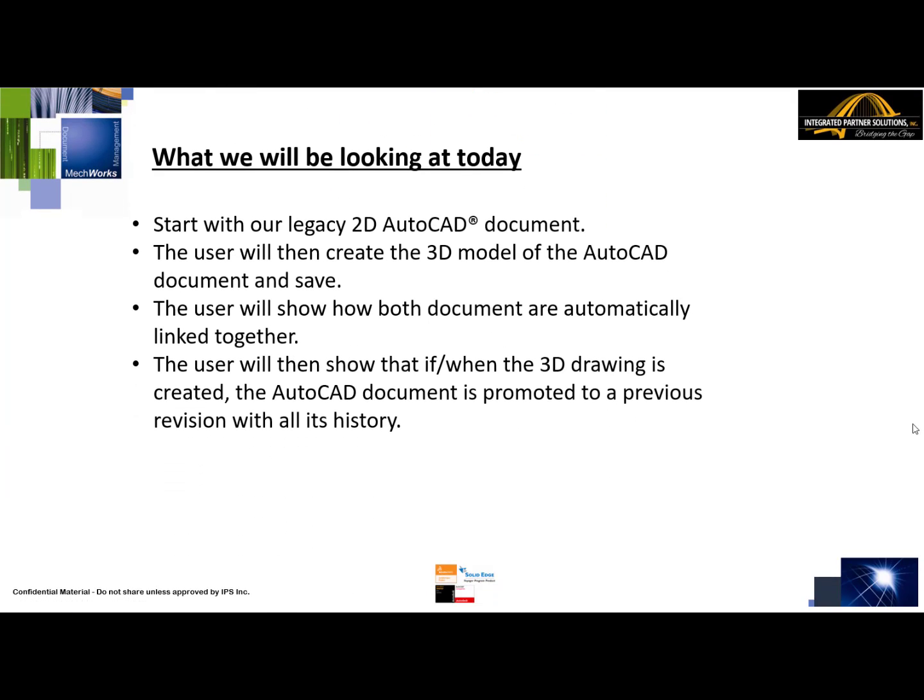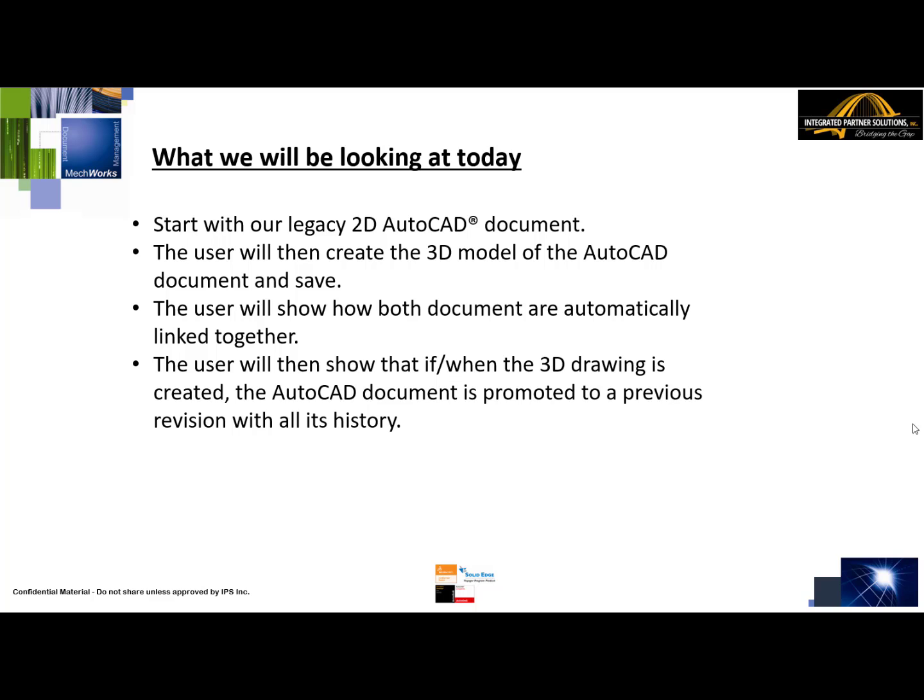So what are we actually going to look at today? Today we're going to start off with a legacy 2D AutoCAD document. The user will then create the 3D model of the AutoCAD document and save it. The user will then show how, with the MechWorks PDM, both documents are automatically linked together.